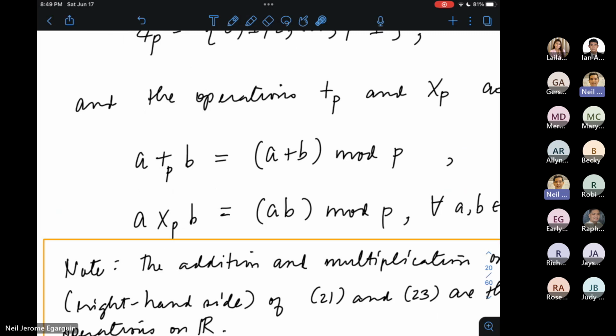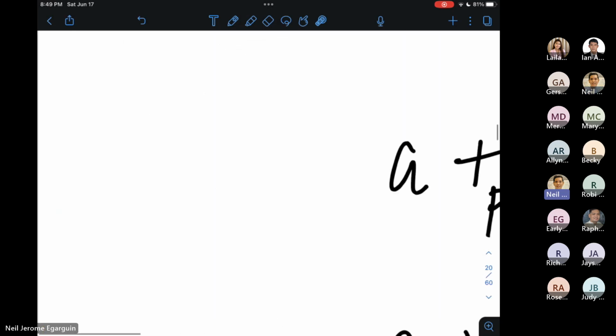Halimbawa, though medyo synthetic yung example, pero halimbawa nasa 49 seconds. Tapos magdadagdag ka ng 12 seconds. So ano na yung second na actually magke-carry over ka na pala, no? Hindi pala siya magandang example. Pero pag meron ka ng halimbawa nasa 149 ka na, mag-a-add ka ng 12 seconds.